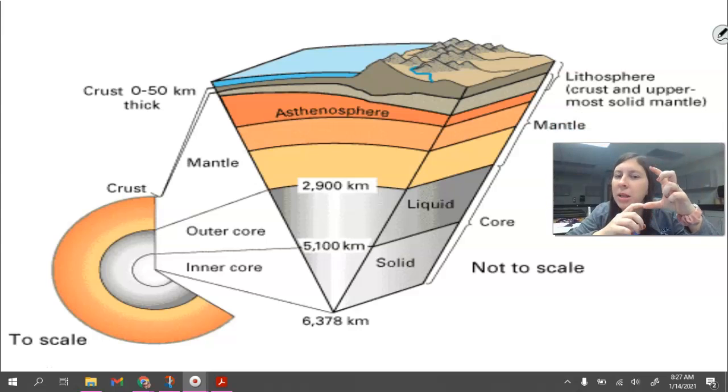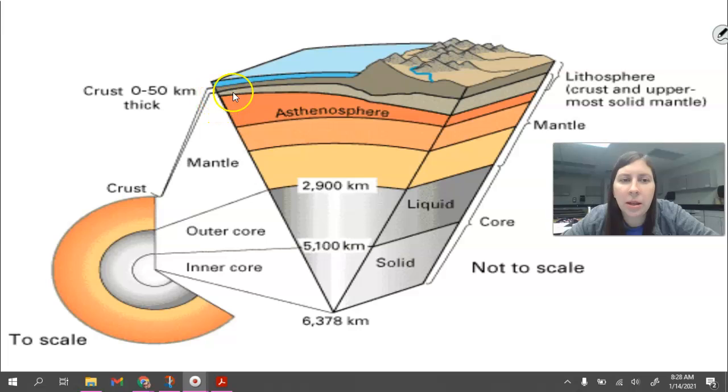We have the lithosphere, making up the crust and the top of the mantle. It's broken up into a few different layers. The lithosphere is the crust and the upper part of the mantle, so that would be this brown and grayish area. And then we have the asthenosphere, which is liquid, and the lithosphere kind of floats on top of the asthenosphere.